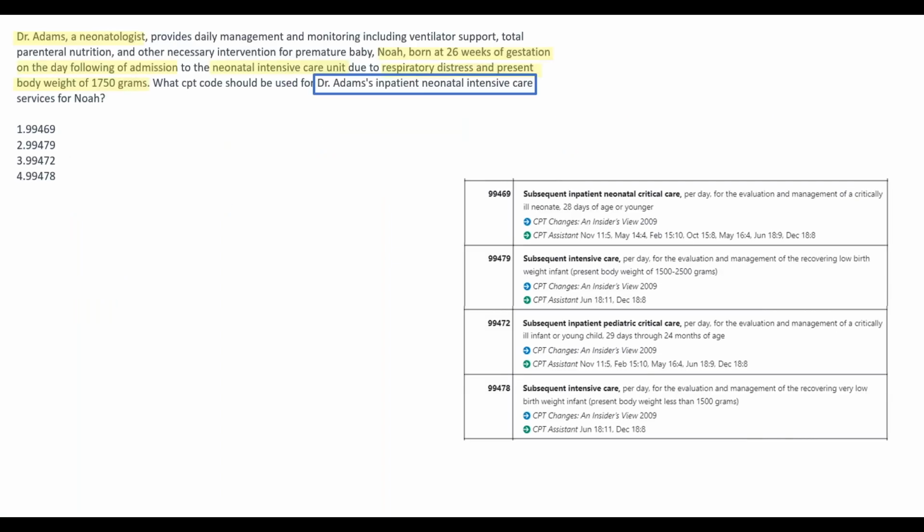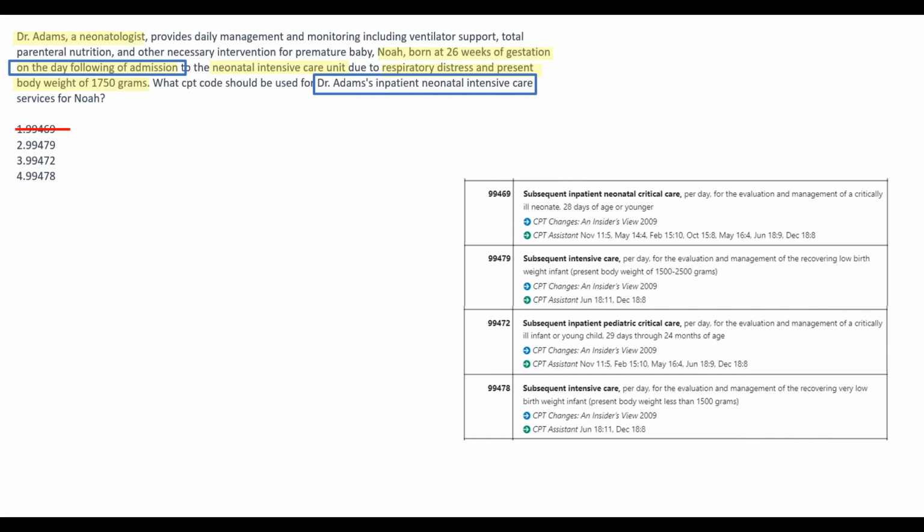So we are coding for Dr. Adams' inpatient neonatal intensive care services for Noah. And it is for the day following the admission. That means it's for a subsequent day which we are coding here.